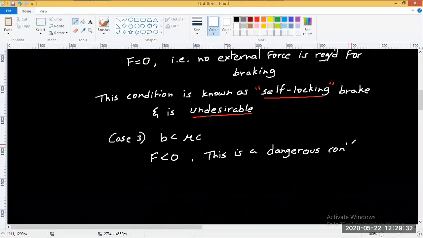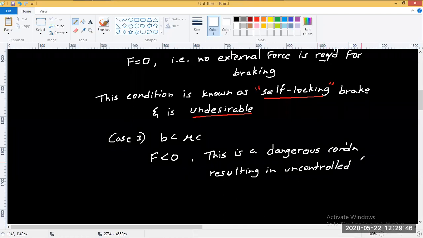A dangerous condition, resulting in uncontrolled braking. And this is also called grabbing.